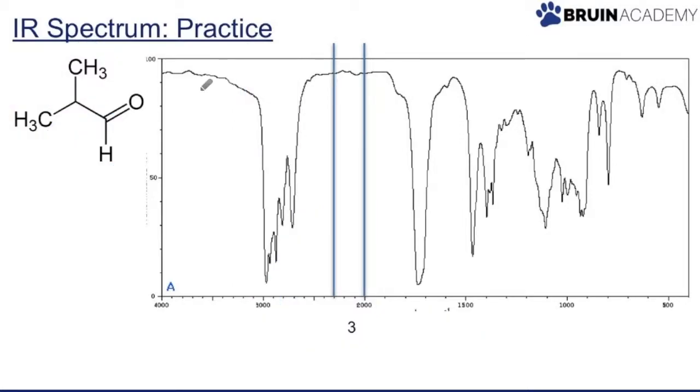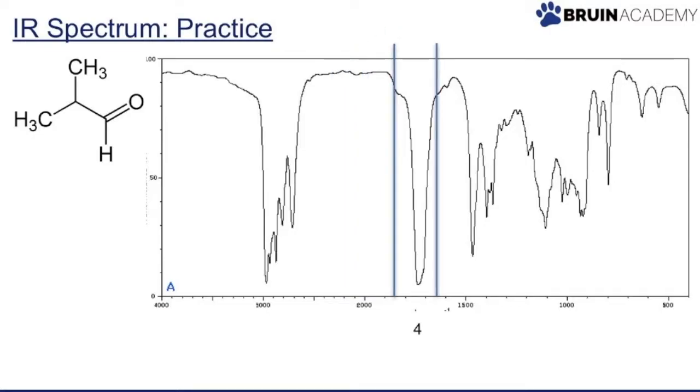Let's move on to zone 3 now. There are no peaks here, I can see that. So I'm going to move on to zone 4. Zone 4 has a very, very strong peak here. This is indicative of around 1700, 1716, 1717. I'm actually going to go 1740 here. It looks like it's a little bit more in the middle.